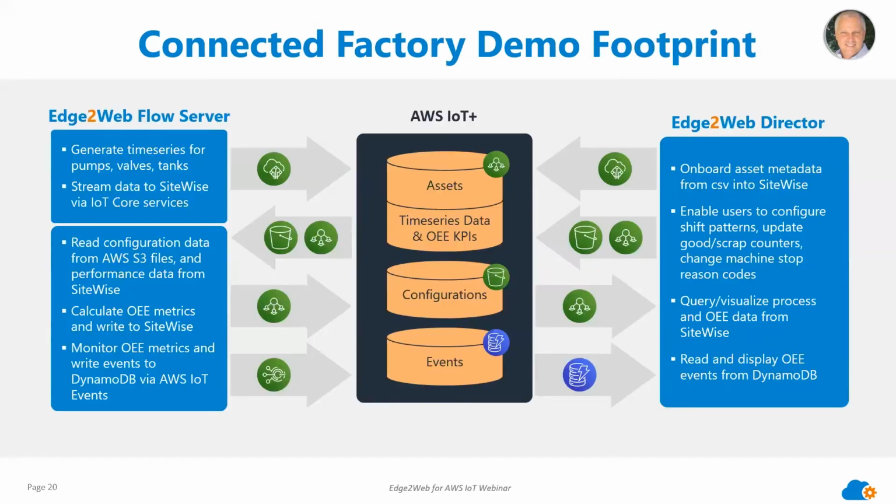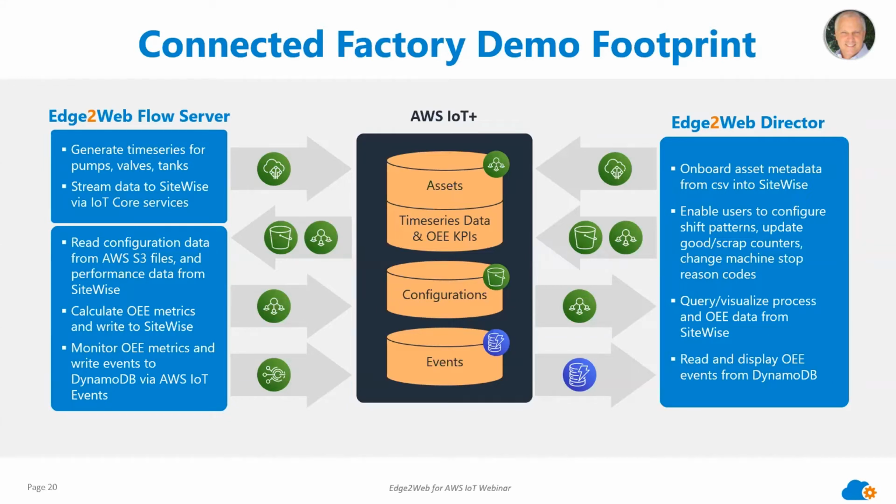This diagram gives more detail about what's going on under the hood with the demo. Edge2Web Flow Server, shown on the left part of the slide, is performing a couple of important tasks. The first one is continuously pushing simulated data into SiteWise via the AWS IoT Core service.